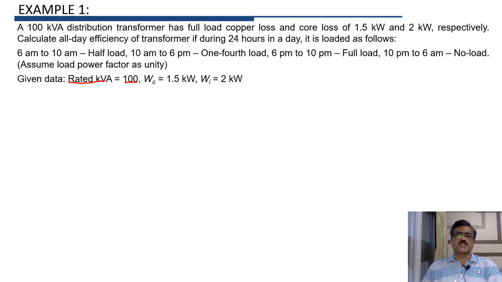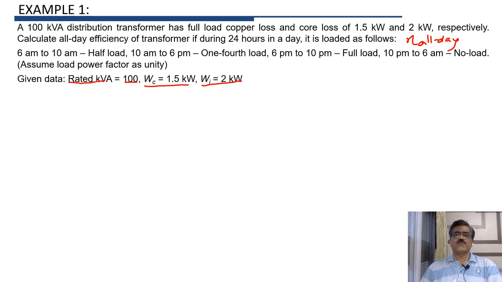Then copper loss at full load W_C is equal to 1.5 kilowatt, and core loss in transformer W_I is given as 2 kilowatt. Calculate all day efficiency, means here you have to calculate the all day efficiency.